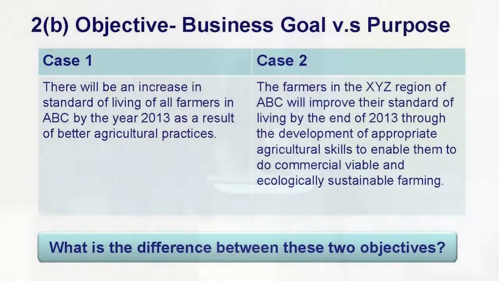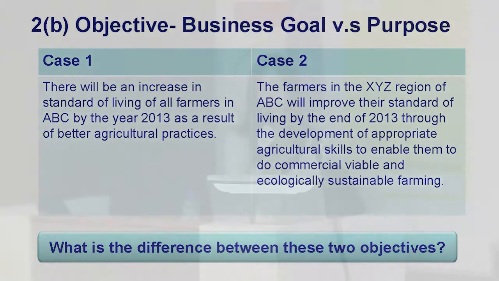If we talk about this further, we can look at a case study. Case number 1: there will be an increase in standard of living of all farmers in ABC by the year 2013 as a result of better agricultural practice.